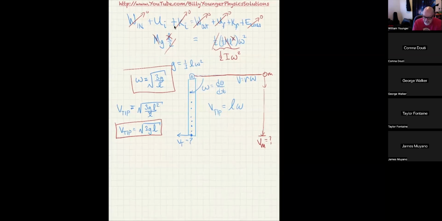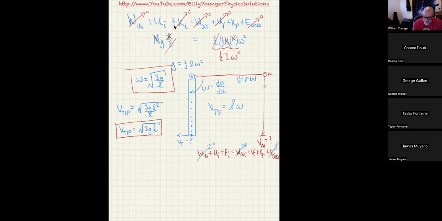So the conservation of energy for this one is going to be work in plus U initial plus K initial is equal to work out plus U final plus K final plus E loss. Now, in this case, that's going to be 0. That's going to be 0.